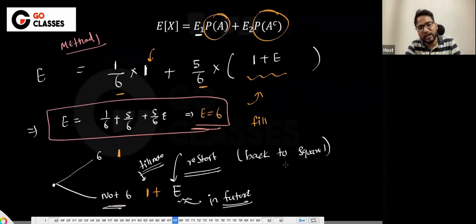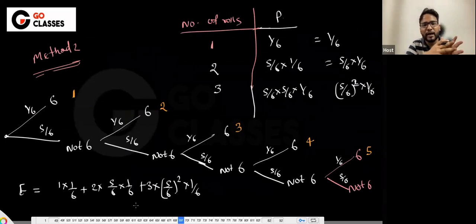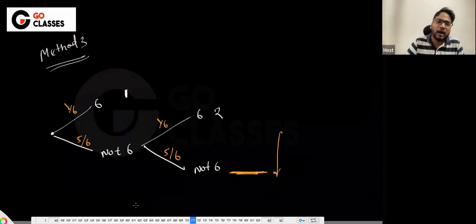In the second method, I have grown the tree to infinite levels. But in the third interpretation, I'm saying, okay, I realize later that I could have stopped. Suppose I realize at this point that I could have stopped. Then tell me how many rolls I will be making at this point.